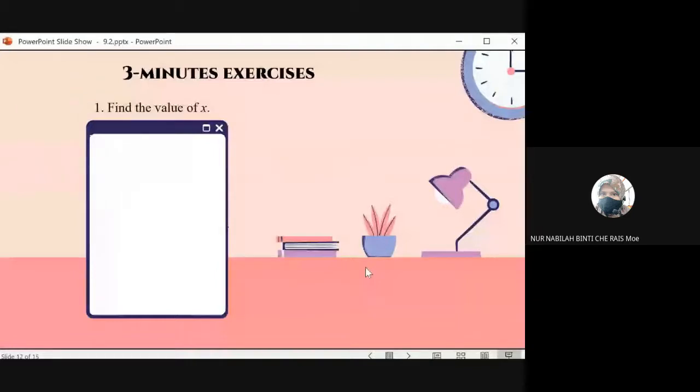Okay, so we do a 3-minute exercise. Find the value of x. Okay, you do this. In 3 minutes, we will discuss. Give your answer in the chat. Okay, Alicia is asking 60 or 120.